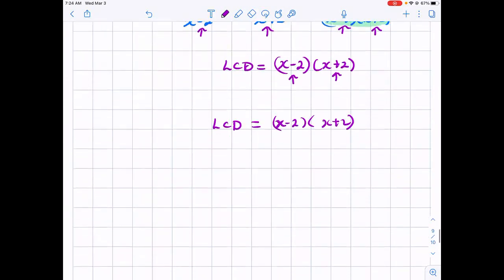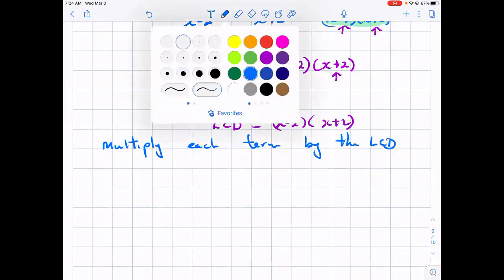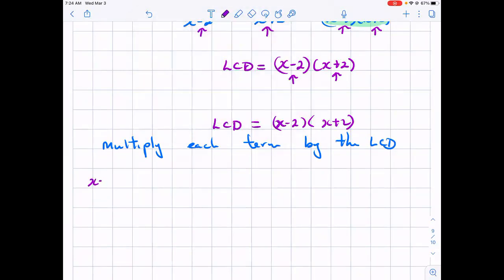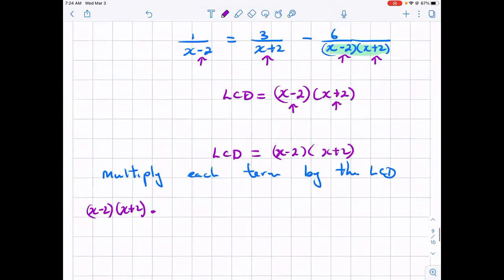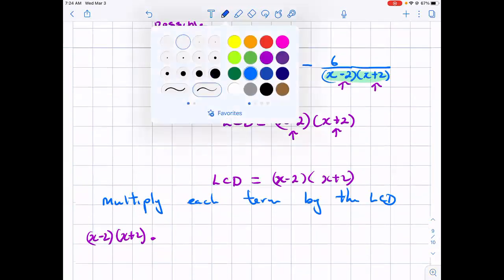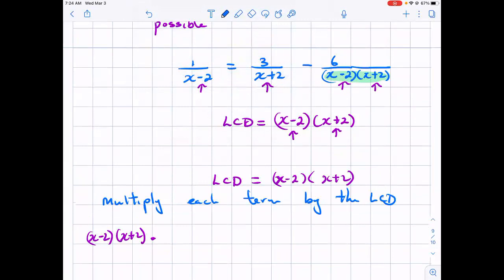Okay? And what we will do now is multiply, same as we did before, each term by the LCD. So what do we have? We have x minus 2 times x plus 2, and we're going to multiply that by our first term, which is 1 over x minus 2.